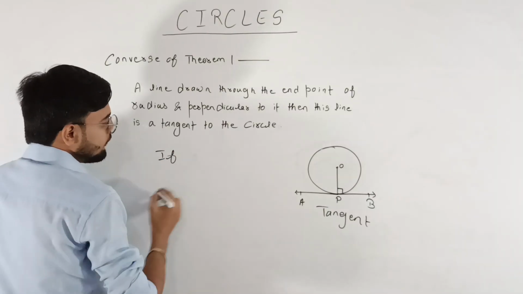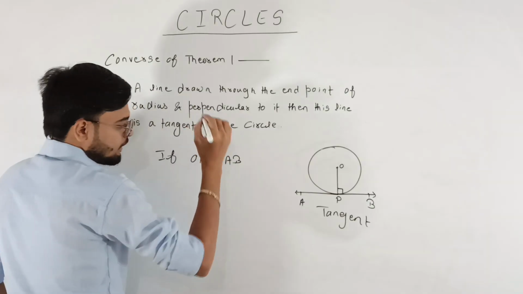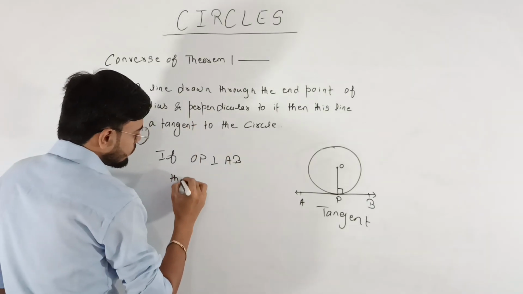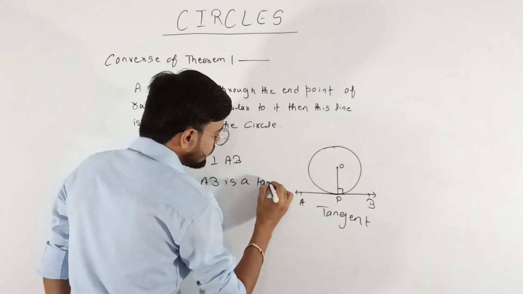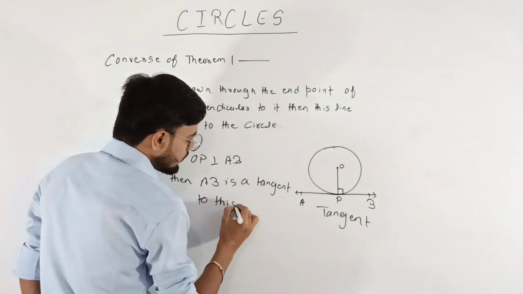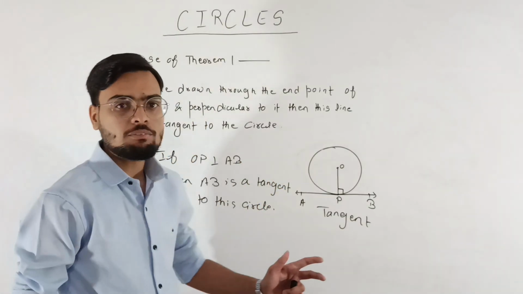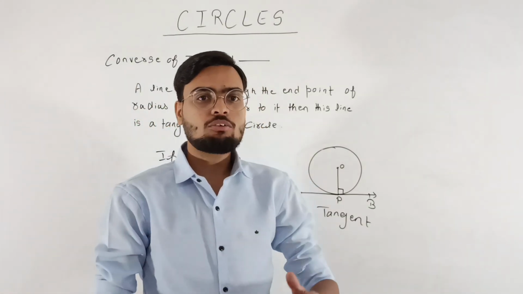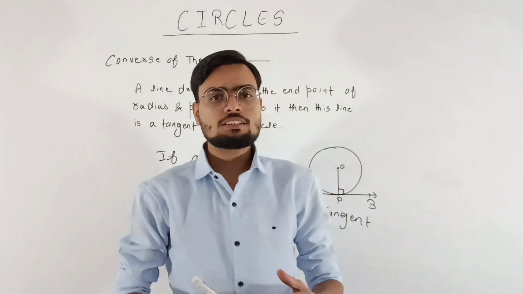So this theorem says: if OP is perpendicular to AB, then AB is a tangent to this circle. Understood? What is converse? If a line is drawn perpendicular to the radius of a circle, then this line is a tangent of the circle.